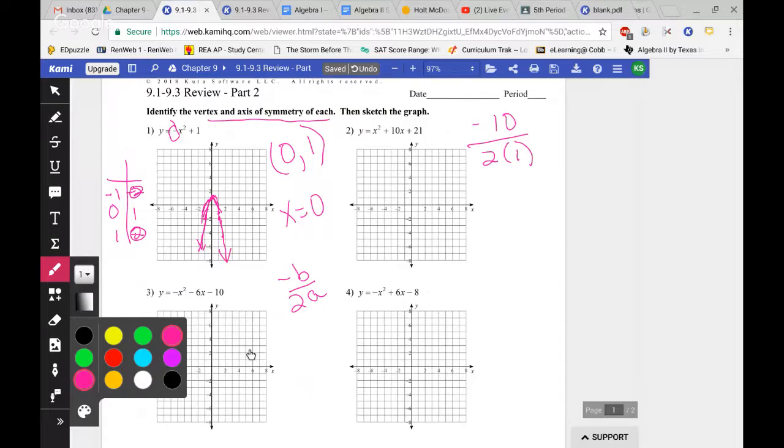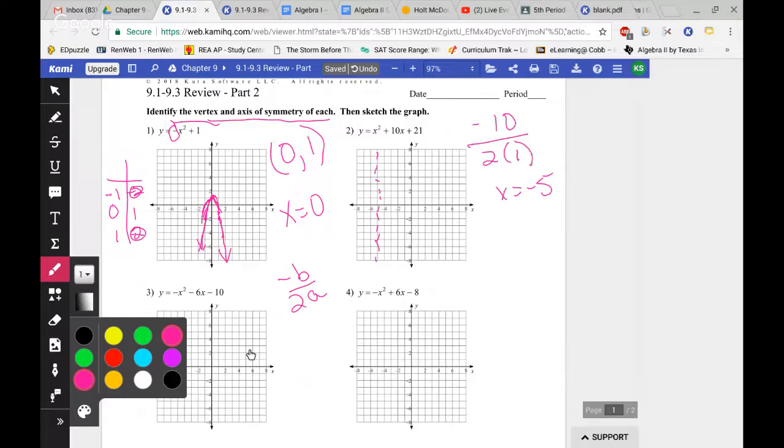So that's going to be -5. So my axis of symmetry is x equals -5. And then to find the vertex, I'm going to plug in that -5 back into the equation.